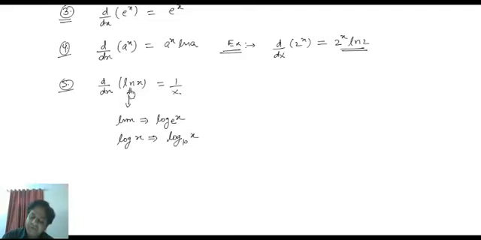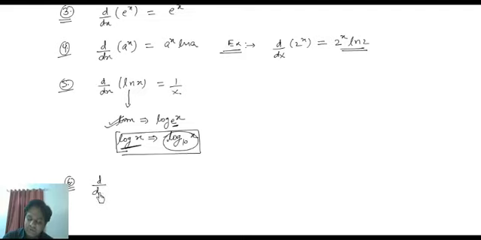So here we are differentiating ln x, that is log with base e. Till now we do not know how to differentiate log x, or log with base 10 of x. We don't know how to differentiate this, but we know the differentiation of ln x as 1 by x. The differentiation of log x can be done after converting this log into ln, right? That we'll do later in some question.